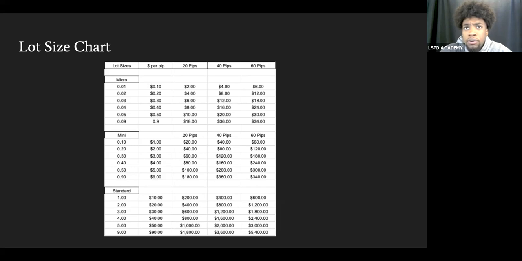It's really about making sure your risk management is in alignment with your trading plan and your ratio on what you want to risk to reward, balancing those things out. And you can see you can excel off just small pip ranges, and you want to start off on micros and build your way up. Next thing you know, you're trading standards and you're going buck wild.